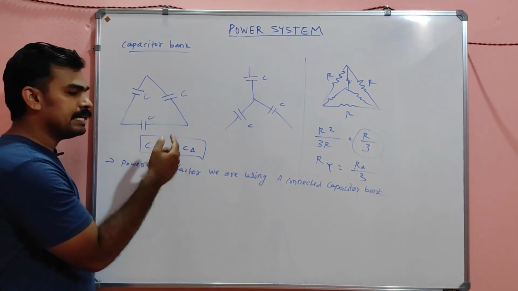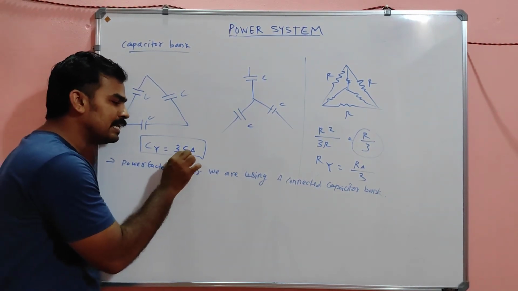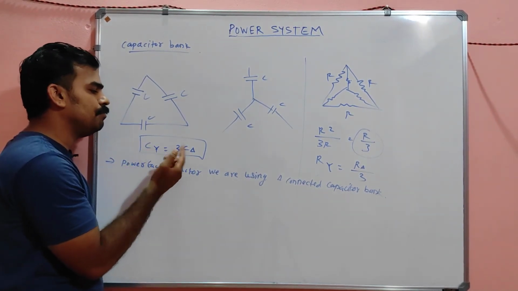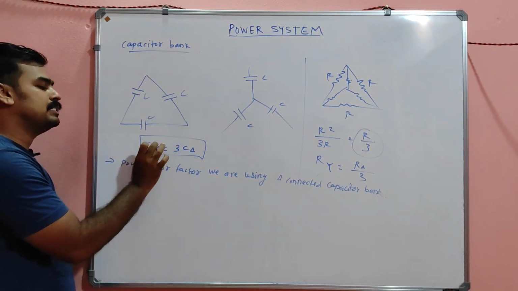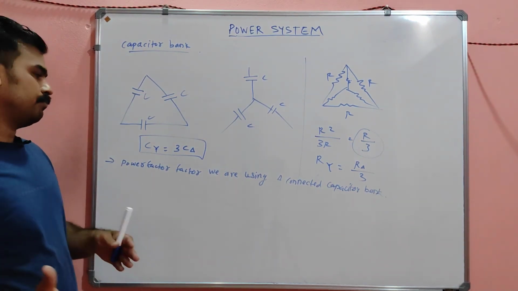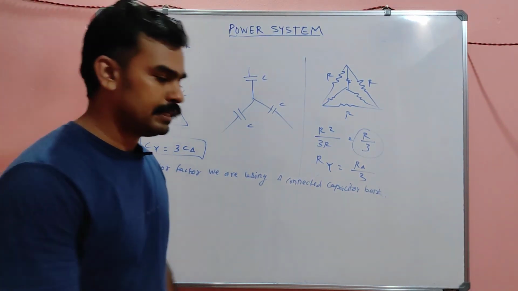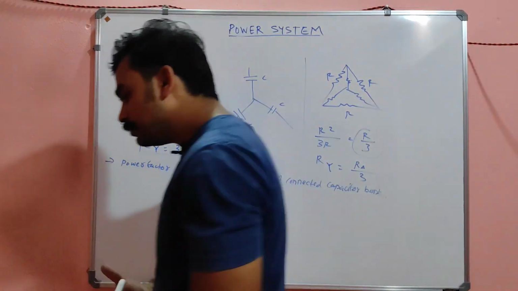Star connected means 3 times the delta capacitor, meaning 3 times the cost also. Compared to star, delta will be 1 by 3 of the star only. So a star connected capacitor bank will cost more, so we are using only delta capacitor bank in power factor correction. That's all.